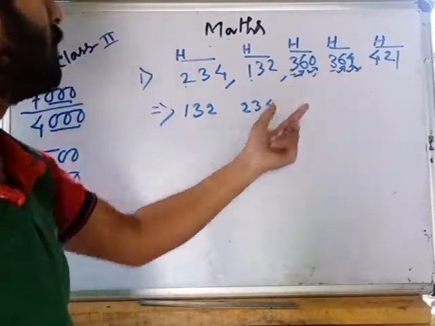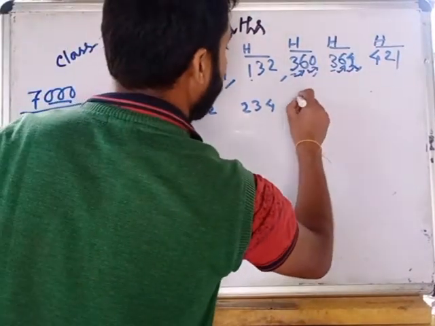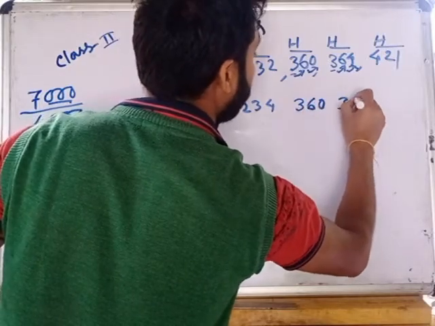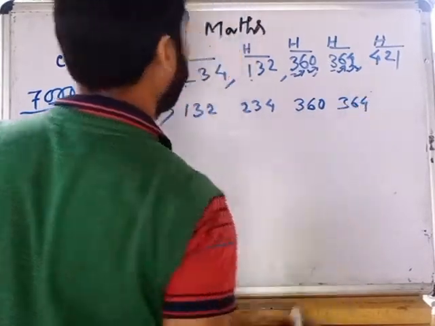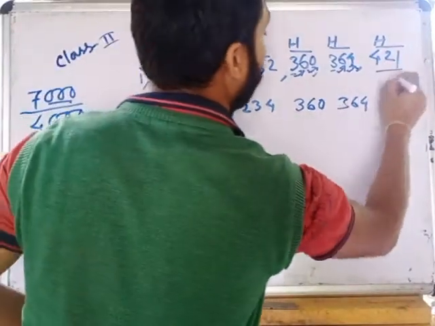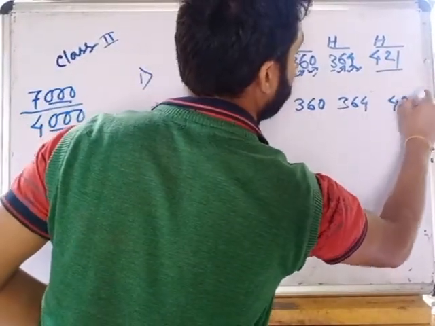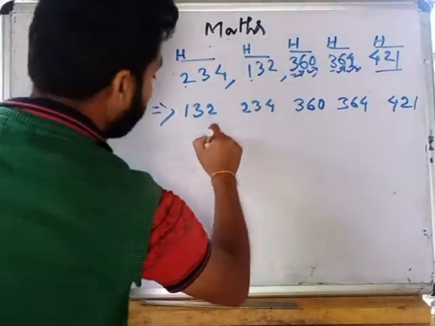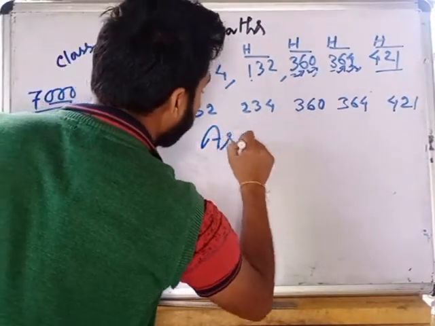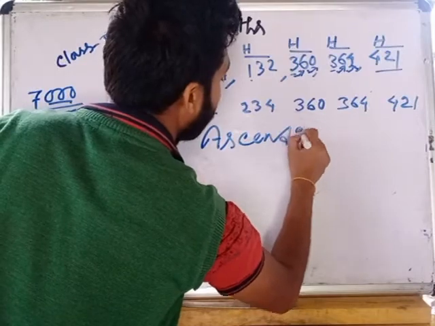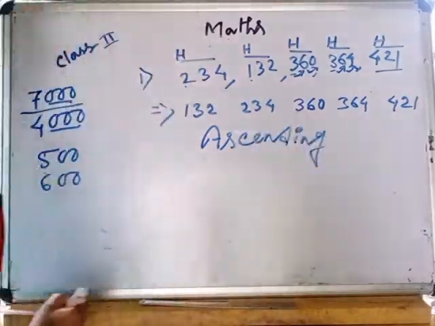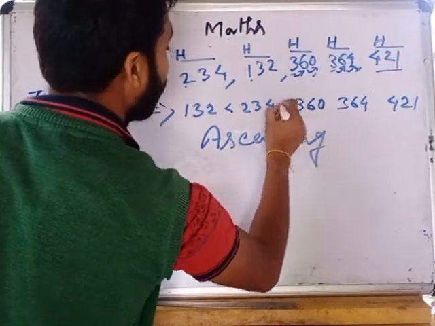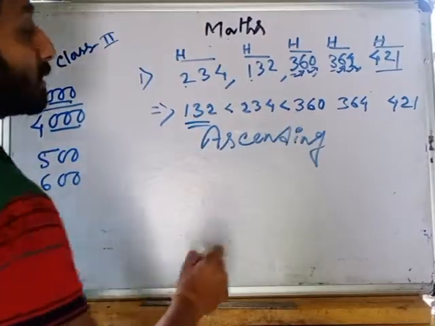That means 0 is the smallest, so we should write 360 at first. After that 364. Last one left is 421. We should write it last. If we write the numbers in ascending order, we should write the less than sign, because this one is the smallest.